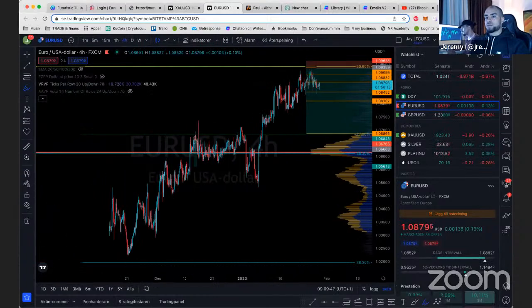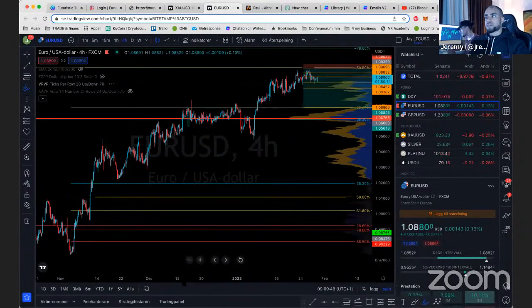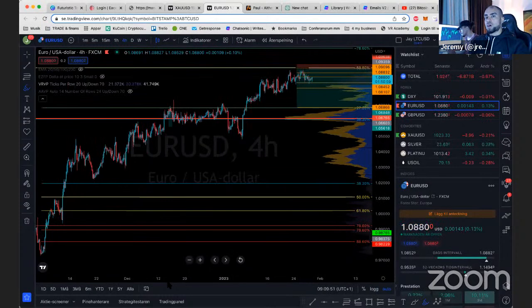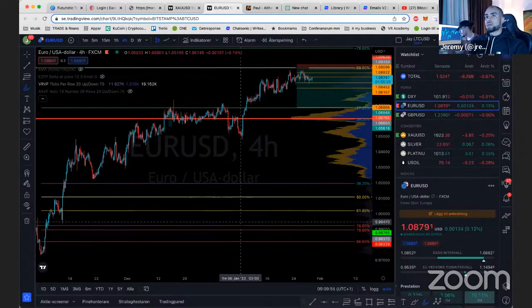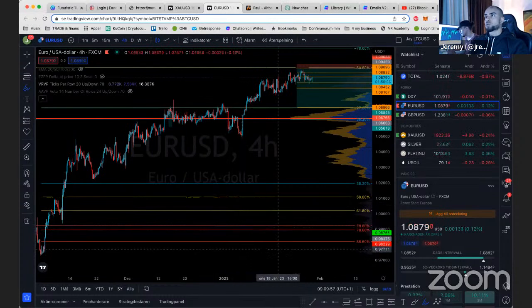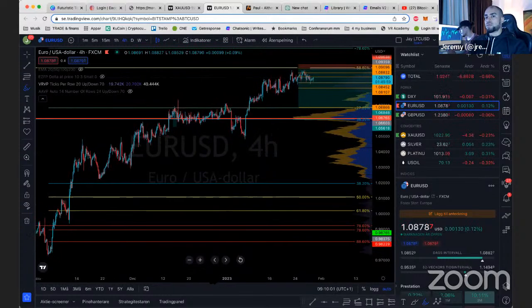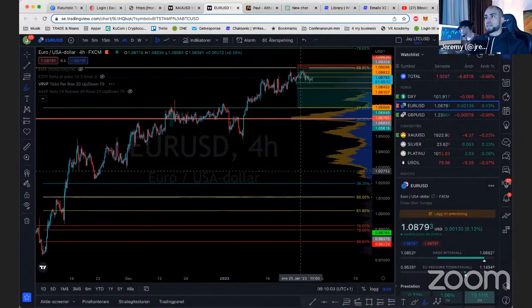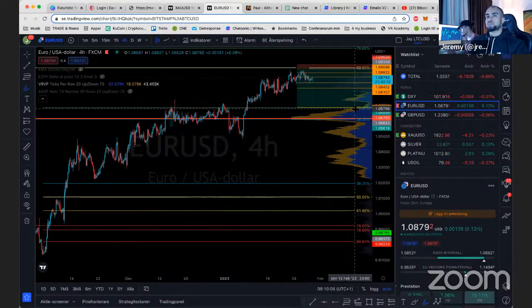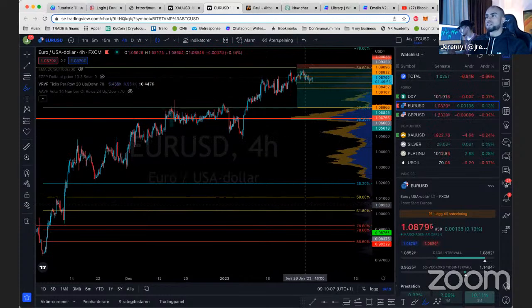If we're looking at Euro USD from the bigger time frame, we've had a lot of upwards momentum. And the question now is, will this hold? Or is it time for the market to take a breather, to pick up some liquidity, come down to the zones where the liquidity is?